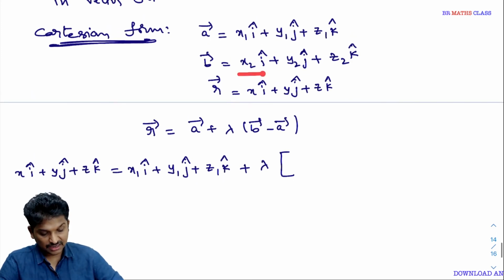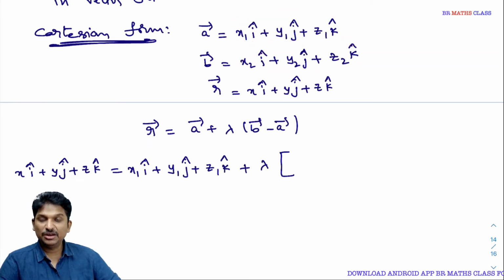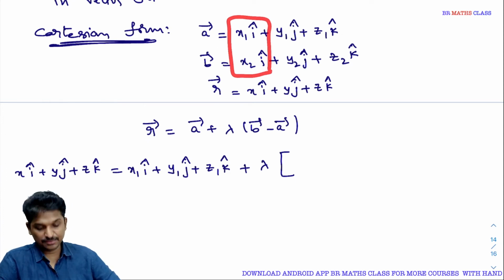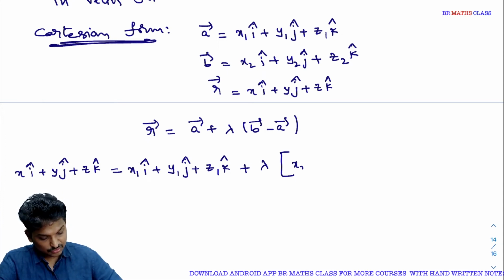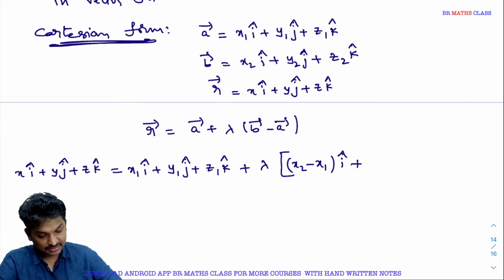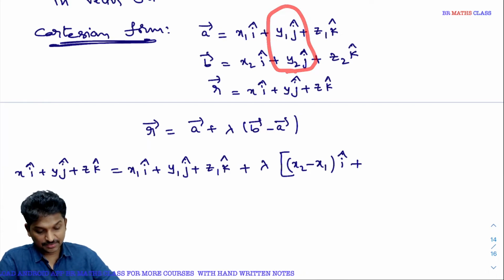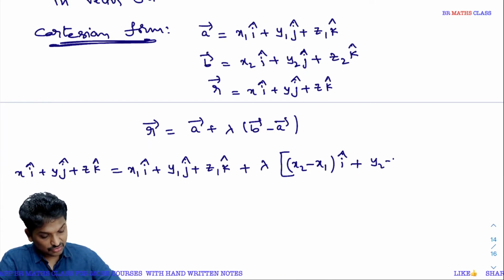Look here. This is B bar minus A bar. B bar minus A bar, when you subtract, what you will get? X2 minus x1 into i cap plus y2 minus y1 into j cap.